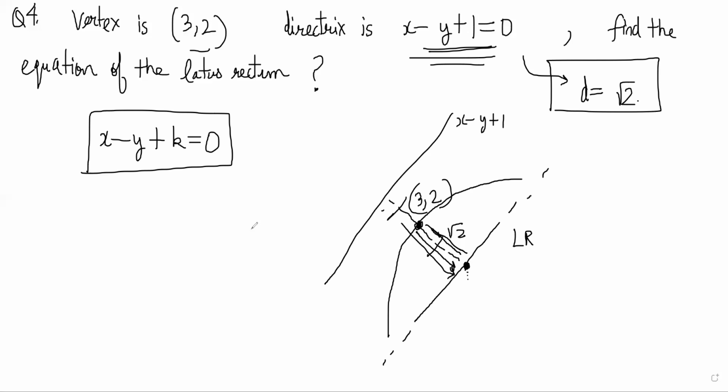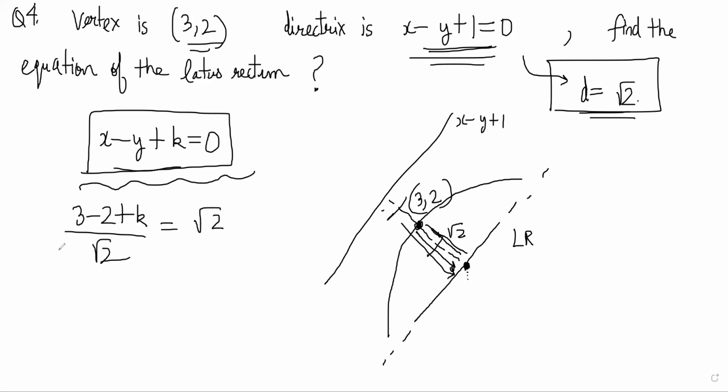Or you could also do, if the equation is this, the distance of 3 comma 2 from this is also root 2, right? Then you will get k directly. You can do 3 minus 2 plus k by root 2 is equal to root 2. Square it, you should get 1 plus k whole square by 2 is equal to 2, so 4.